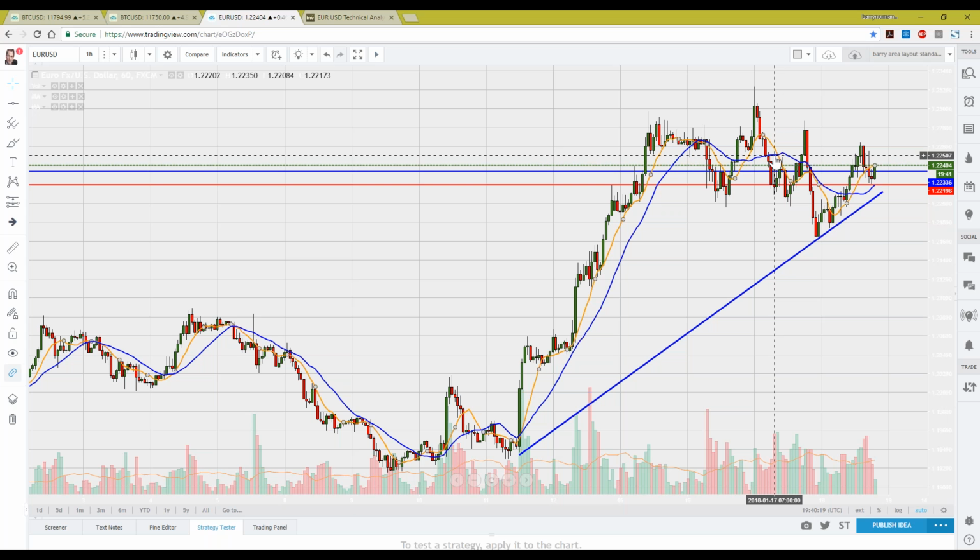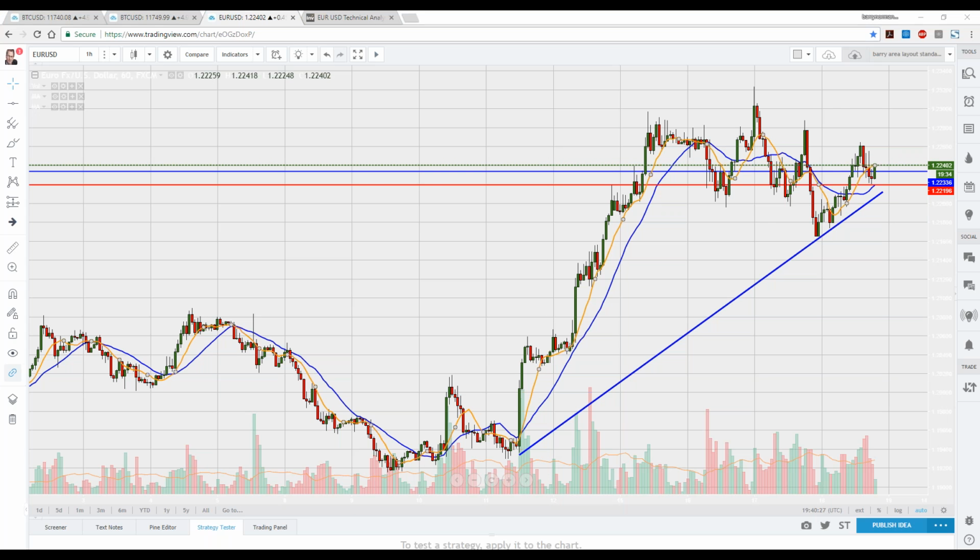Because when you only use the last 9 periods, as opposed to the last 20 periods, the calculation is only based on 9, so it's going to be more reactive. So one is considered slower and one is faster.